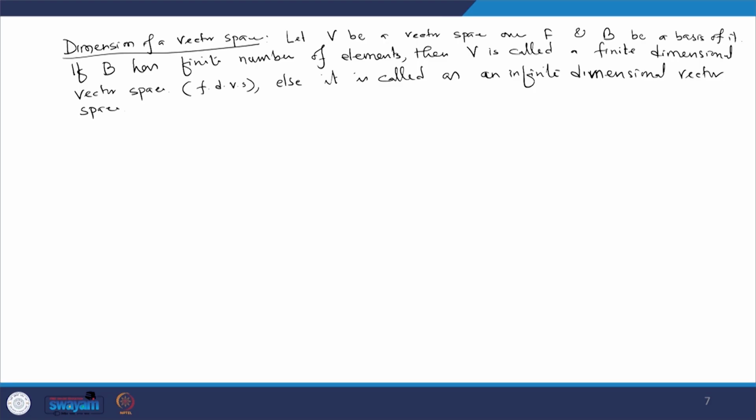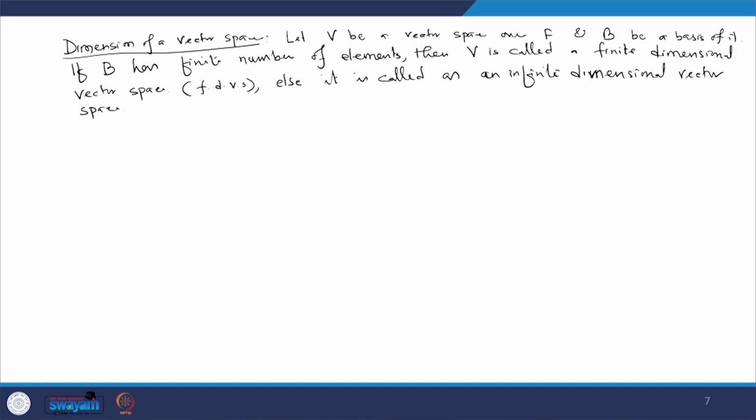So, according to this definition, F n over F is a finite dimensional vector space and its dimension is n. The set of polynomial functions of degree less than or equal to n is again a finite dimensional vector space, of dimension n plus 1.